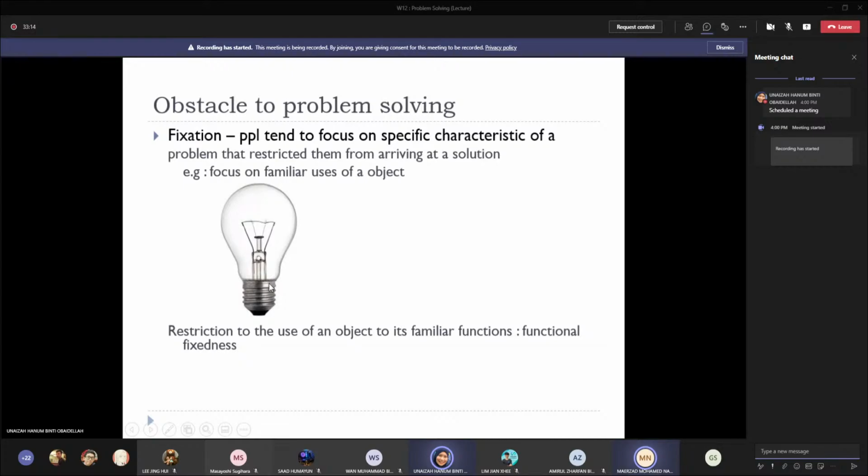A flash bulb, right? It's usually used to illuminate a room. Yeah, that's the common use. Any other thing? If I were to ask you, what else can you use this flash bulb for? What would you tell me?